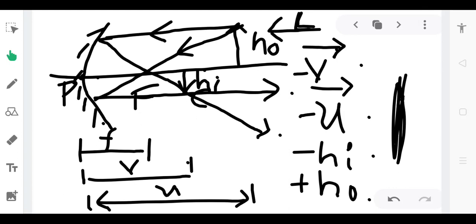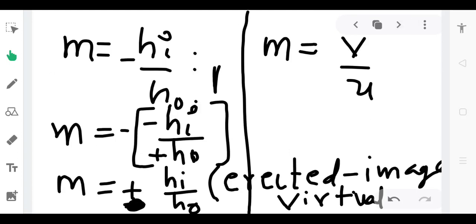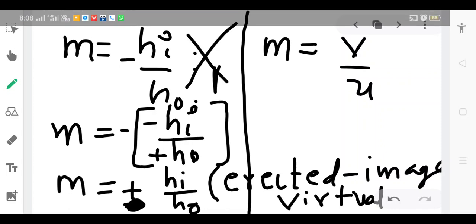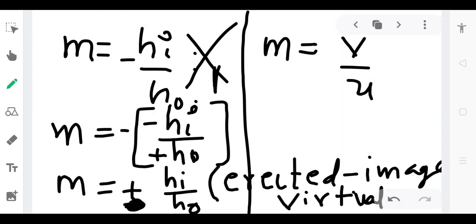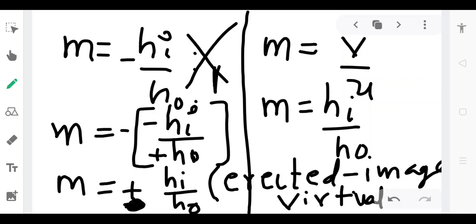So whatever assumption we made is wrong. Which is correct? M equals HI by HO is correct.